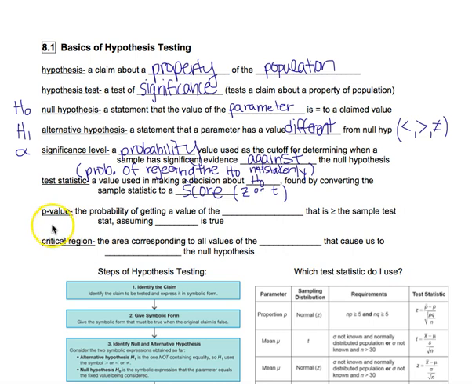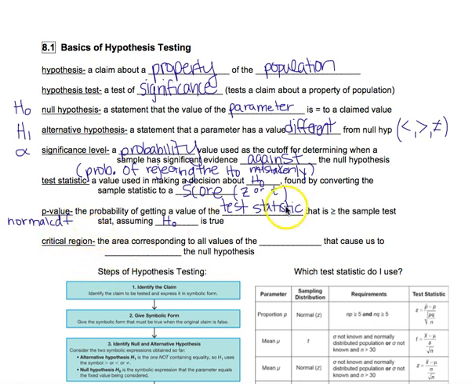P-value, we briefly introduced p-value at the beginning of this course, and the p-value is the probability of getting a value of the test statistic that is greater than or equal to the sample test statistic, and this is assuming that our null hypothesis is true. When we are trying to find a p-value, we will use the normal CDF function in our calculator.